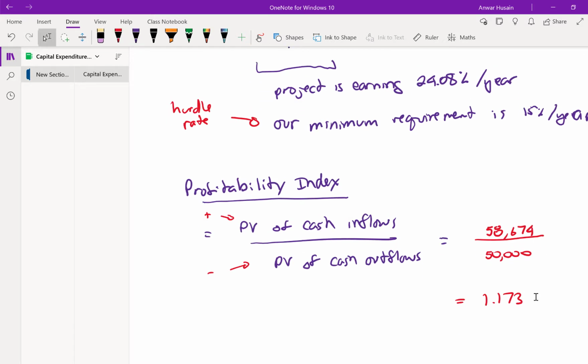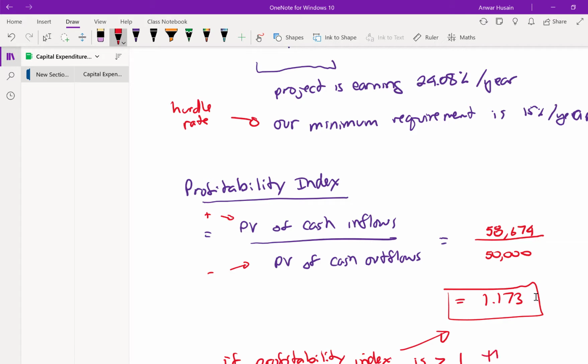The metric for this is, if the profitability index is greater than 1, then proceed. If it's greater than 1, then NPV has to be greater than 0, and you go ahead.